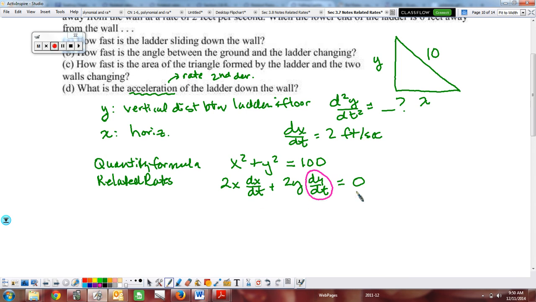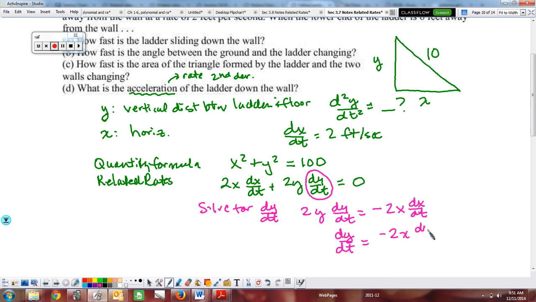Now I'm going to say it's probably better for you to go ahead and solve for dy/dt, because that's going to make it easier to do the second derivative. So I'm just going to move things over. So 2y dy/dt equals negative 2x dx/dt, and then your dy/dt equals negative 2x dx/dt over 2y, and I'm going to cancel those 2's out, so it's negative x dx/dt over y.